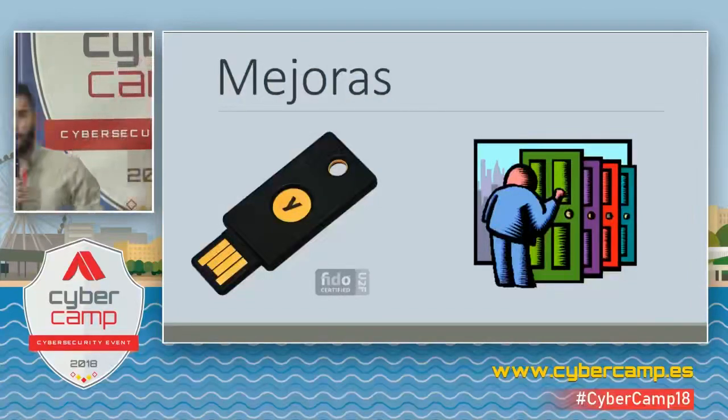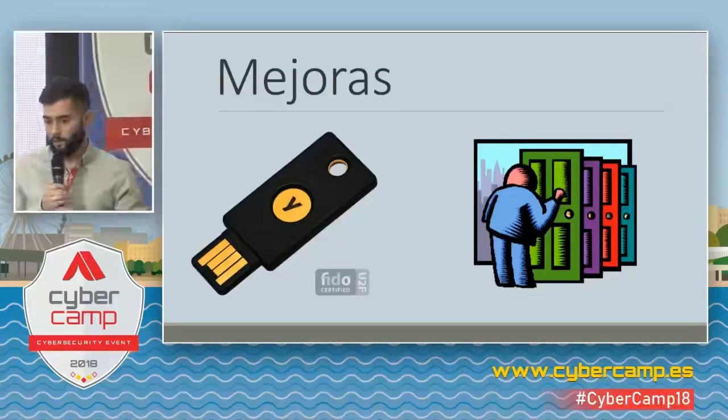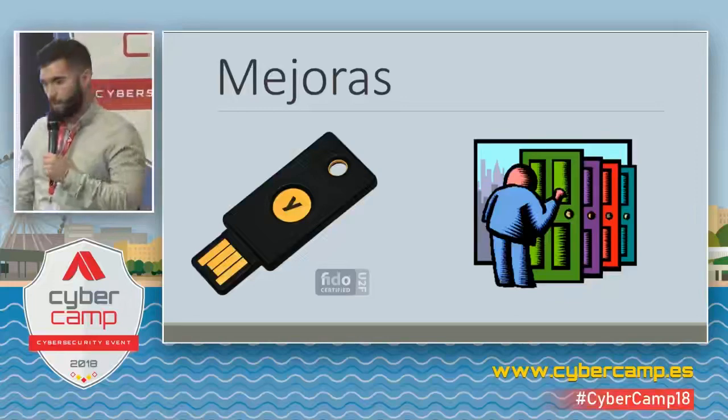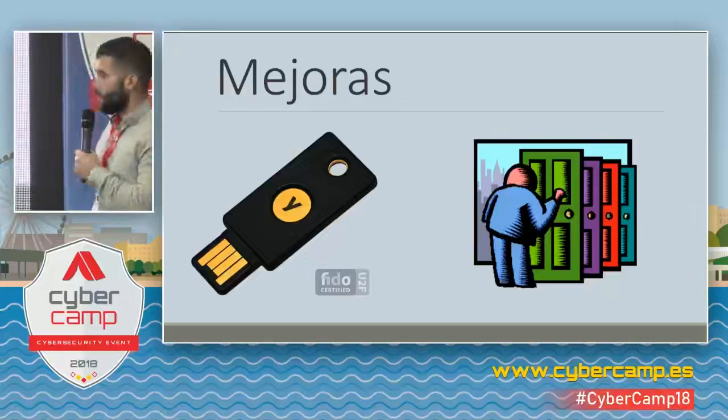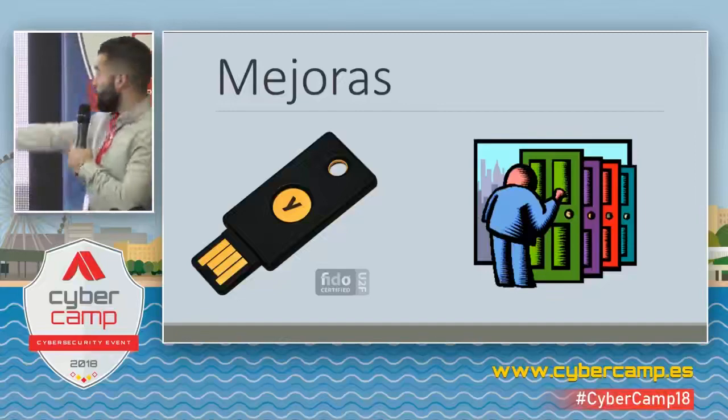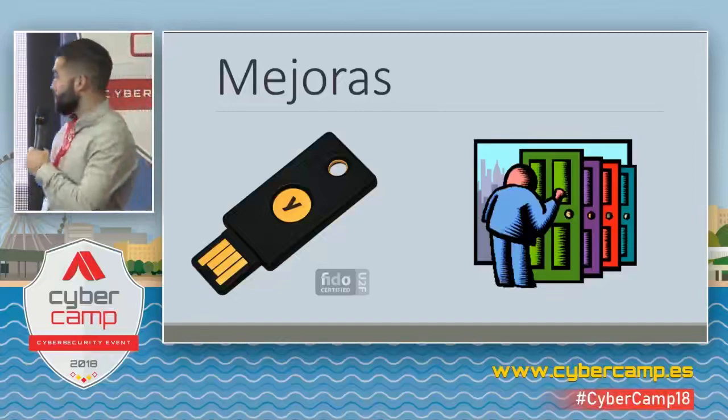So, what about possible future improvements? We would have to double-check details. Members of the jury mentioned that some details should be improved, but we would also like to have a new authentication system.